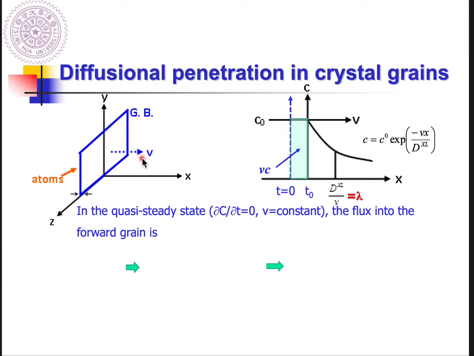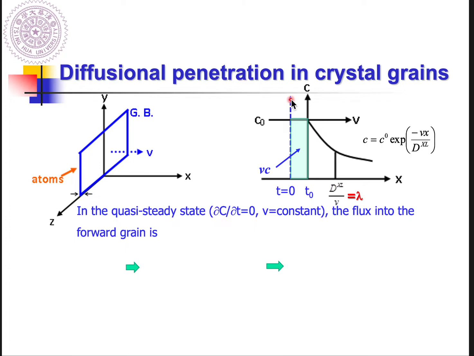So this is why you observe the moving grain boundary. And in this case, we try to plot the concentration of the diffusing atom as a function of location x, before diffusion happens, at t equals 0.